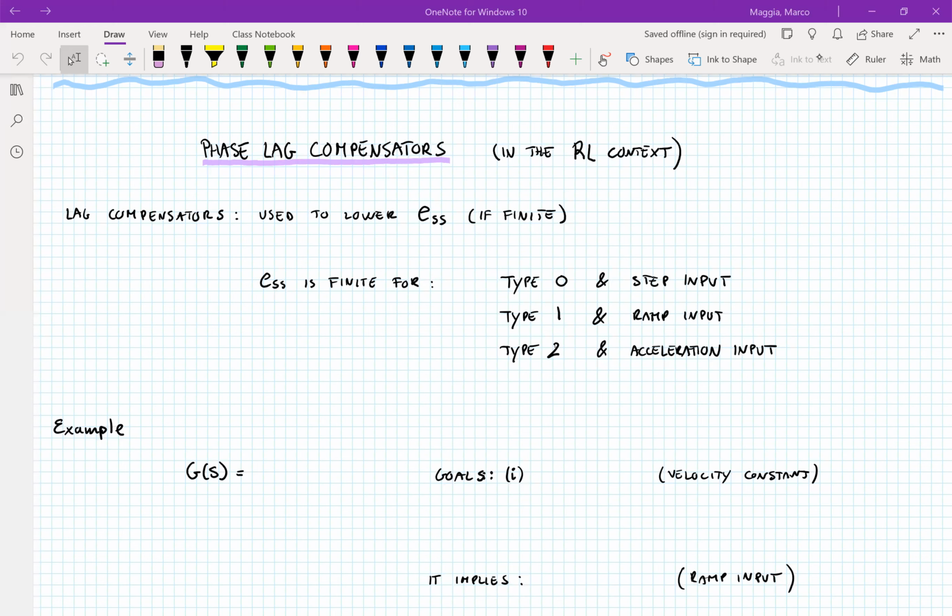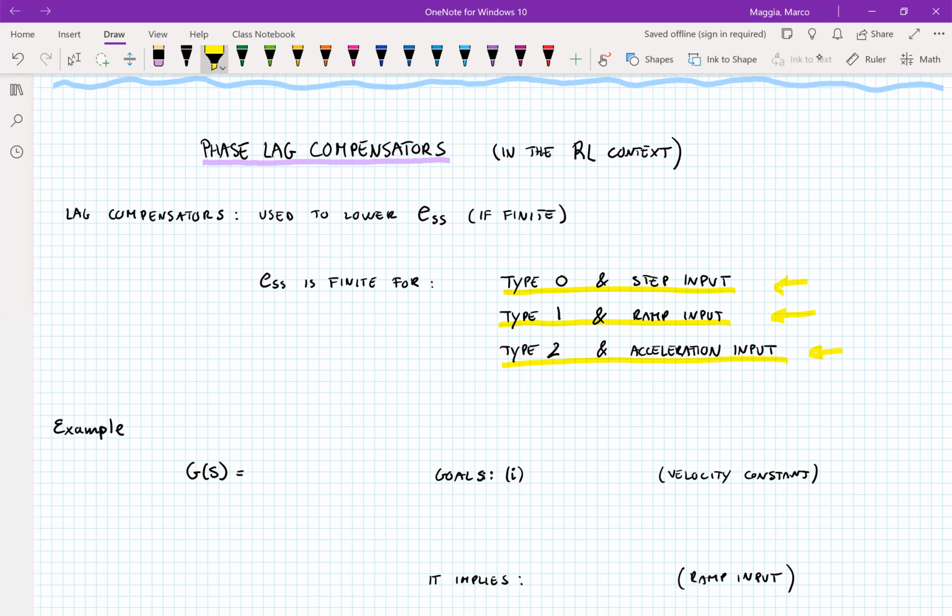So that happens, as we saw, in 3 combinations. We can either consider type 0 associated with the step input, a type 1 with the ramp input, or a type 2 system with the acceleration input. So all these 3 combinations will produce a finite steady state error.